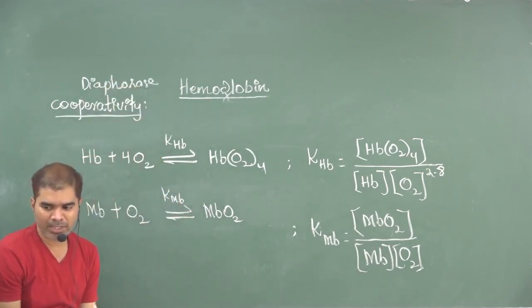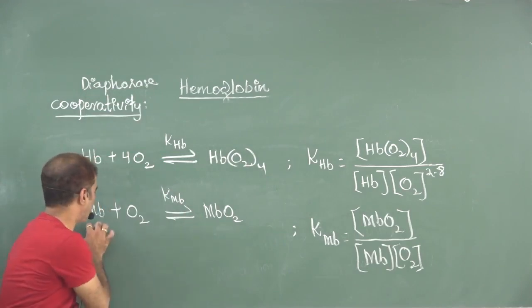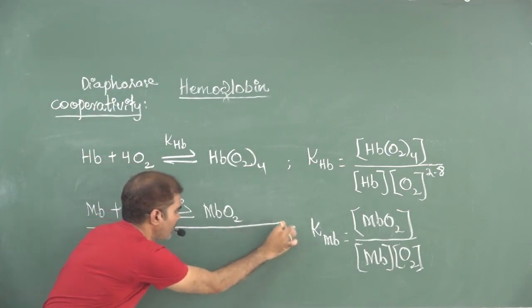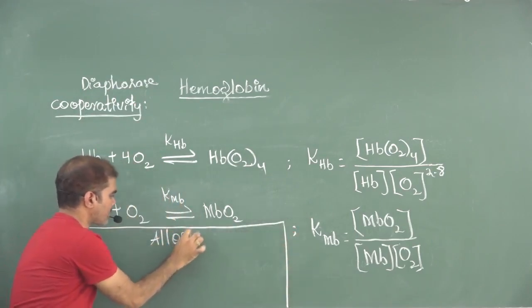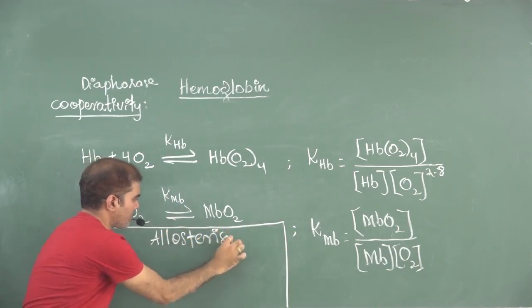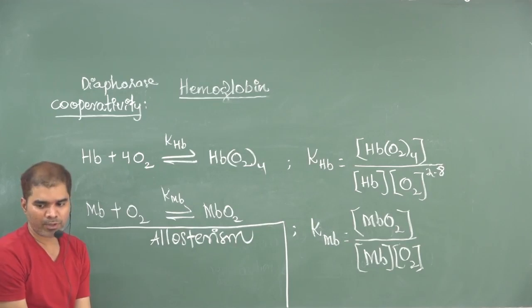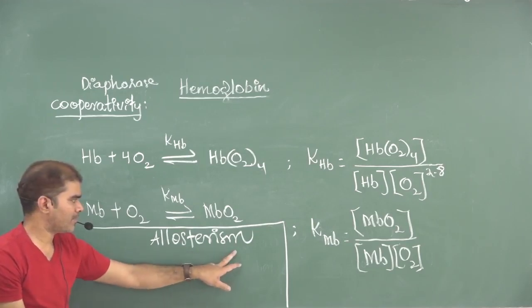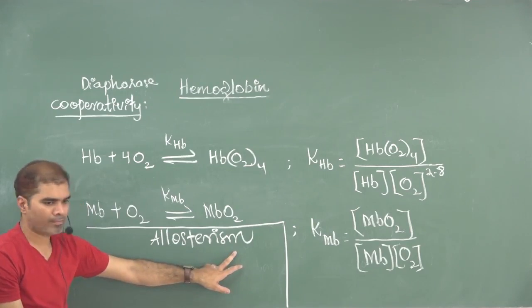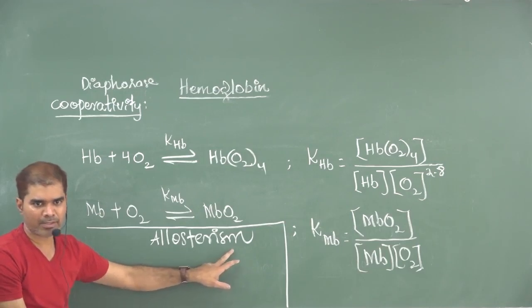Write the point. This is also related to cooperativity. Hemoglobin exists in two different forms. This is called allosterism. Steric means anything related to space.